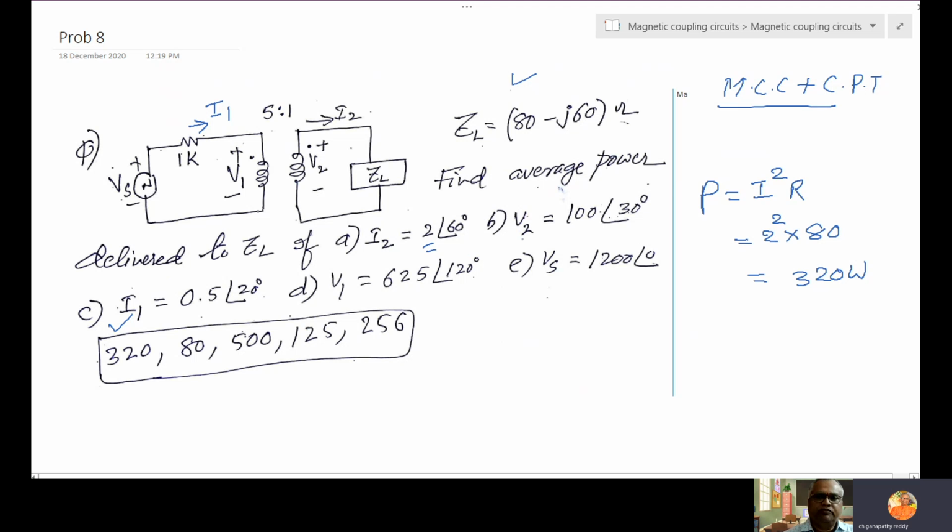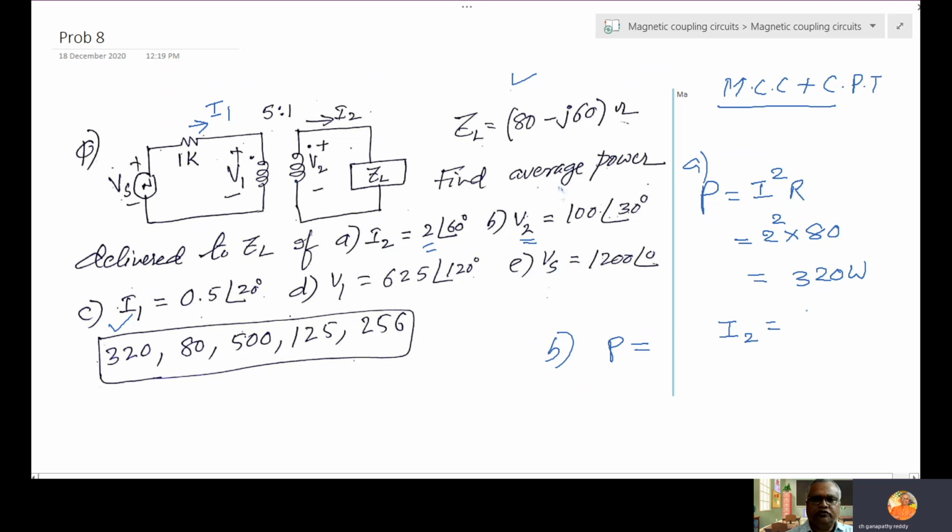Next bit, V2 is given. When V2 is given, how to find power? Don't use V square by R, because this V2 is not across 80 ohms. This V2 is across ZL. So first find the current I2, which is V2 by ZL.